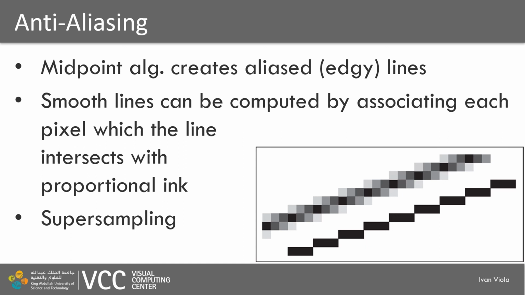This edgy artifact is called the aliasing effect, and anti-aliasing will get rid of this and provide us much smoother lines.